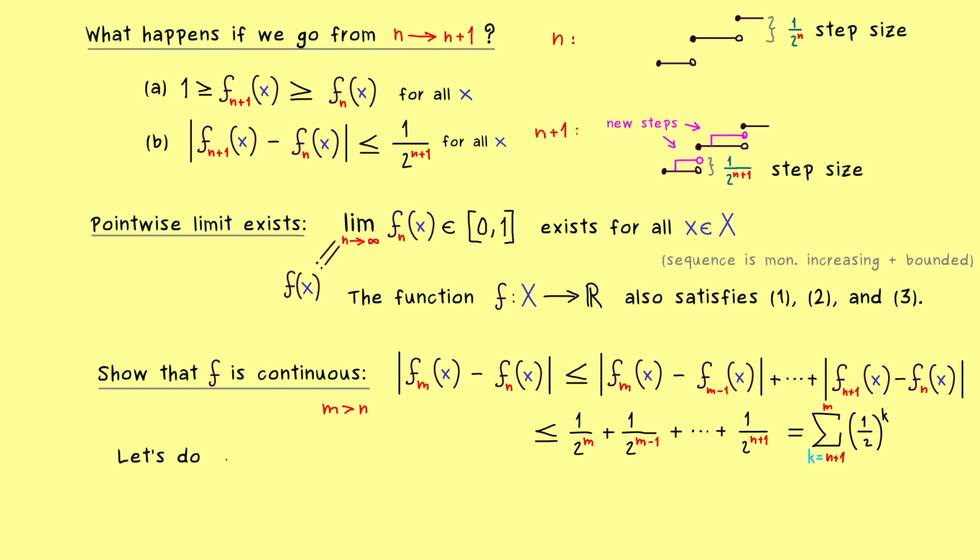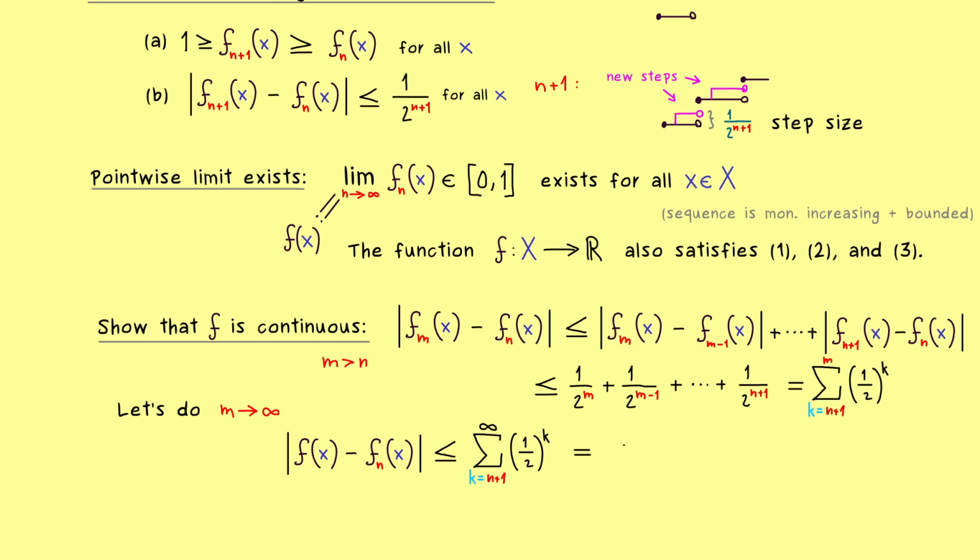And now obviously on both sides we can just form the limit m to infinity. So on the left hand side we have the difference f of x minus f_n of x. And on the right hand side we have a nice infinite sum where we have the geometric sum formula for it. And this one is quite nice because we have 1/2 to the power n plus 1 divided by 1 minus 1/2 as well.